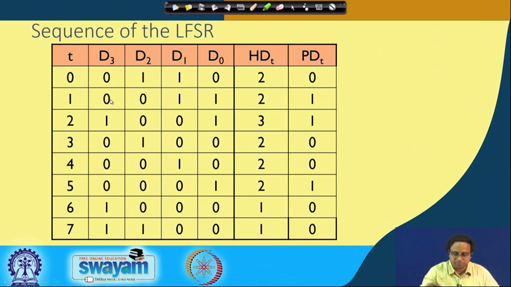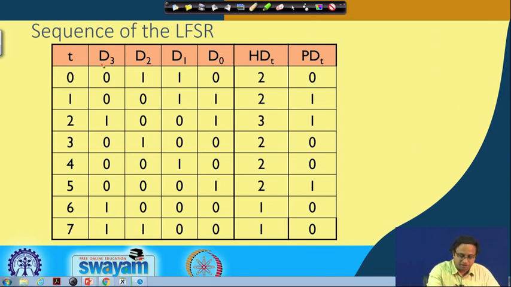So next time you can see that 0 is being fed back. When I am XORing D3 and D0, I am getting this feedback value. So if I XOR 0 with 0, I get back 0. If I XOR 0 with 1, then I get 1 as a feedback. You can see that here 0 has been fed back, here 1 has been fed back. Likewise, if I XOR 1 with 1, I get 0 which is fed back, whereas for the other positions it is just a shift.